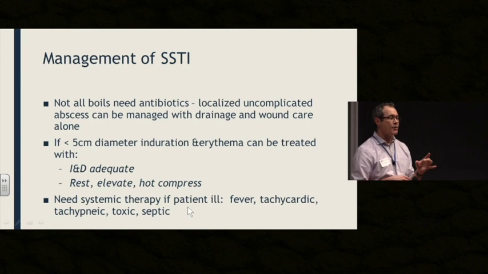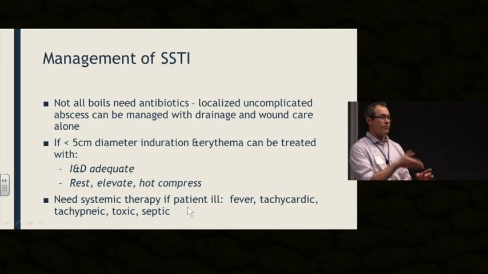If you have a little abscess or pustule or boil, if the soft tissue involvement was less than 5 centimeters in diameter, there's no need for systemic therapy at all. Just drain it, lance it, compress it, treat it locally. NSAIDs and hot compresses, and it'd be fine.